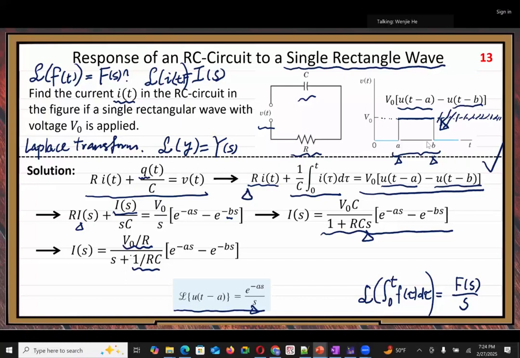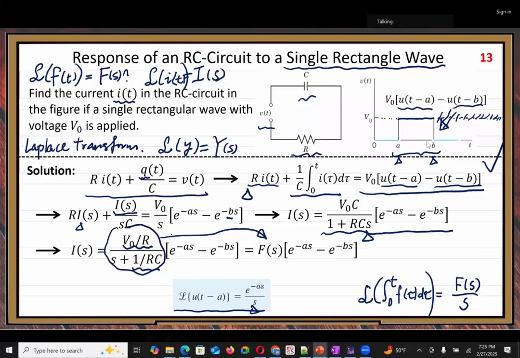First, what is the inverse Laplace transform of 1 over s? It's 1. In order to calculate the inverse Laplace transform, I use the capital F to represent that whole fraction.